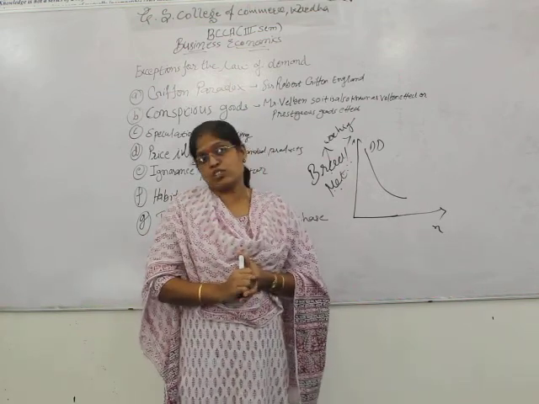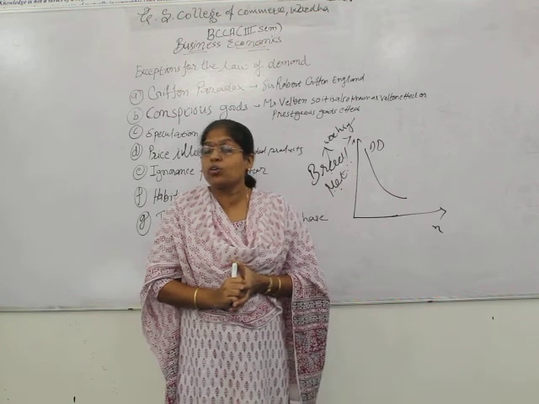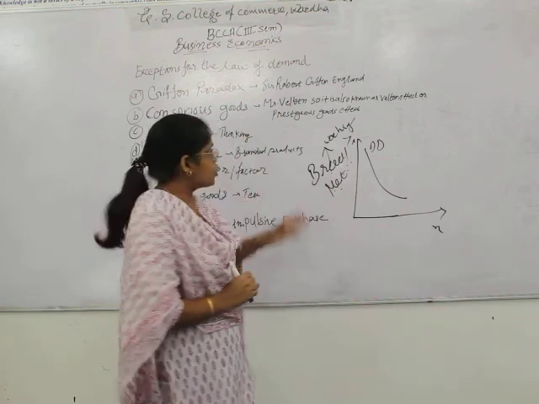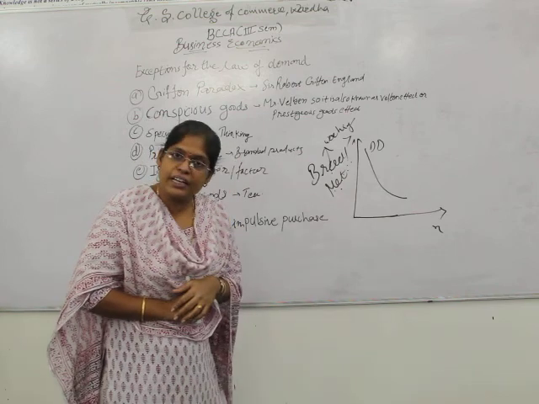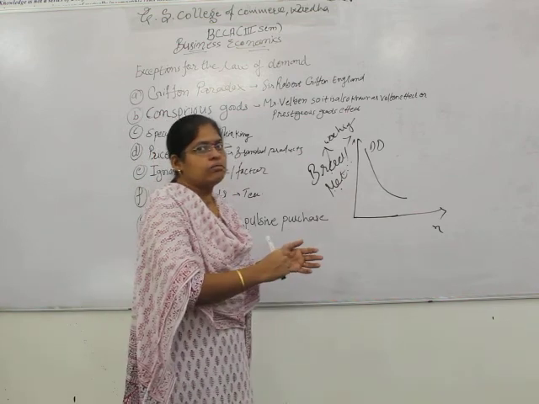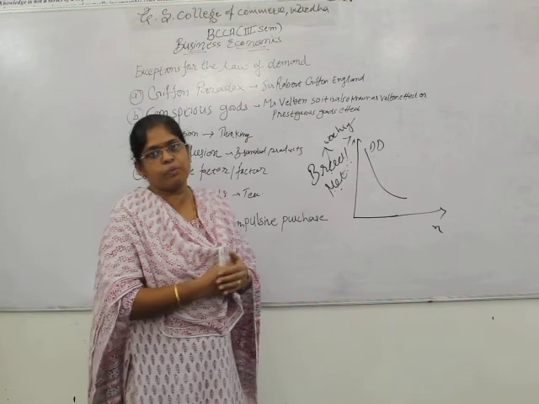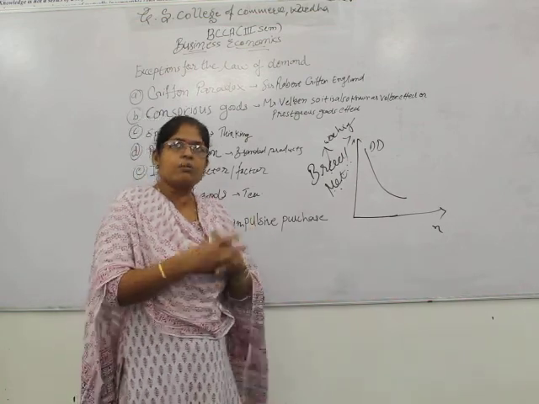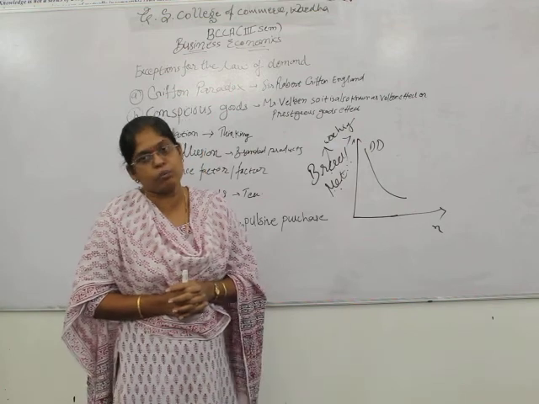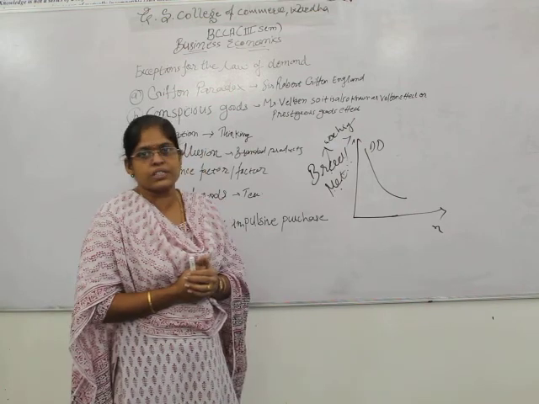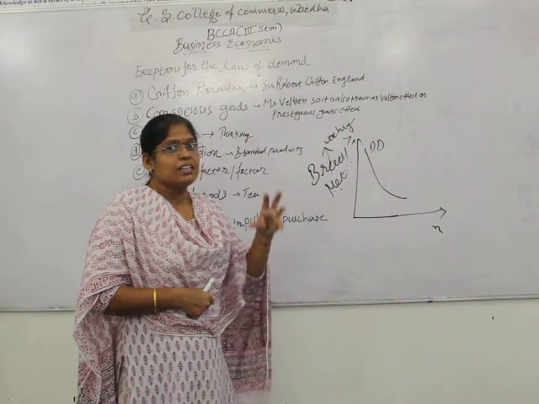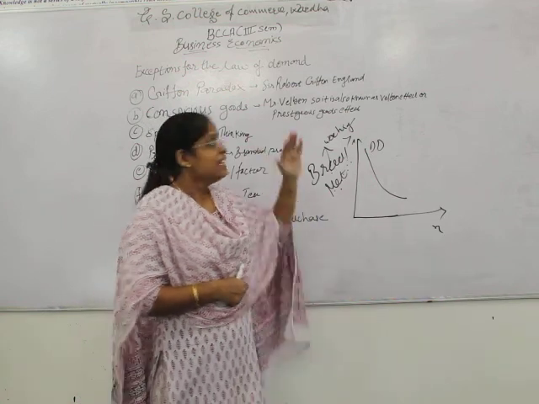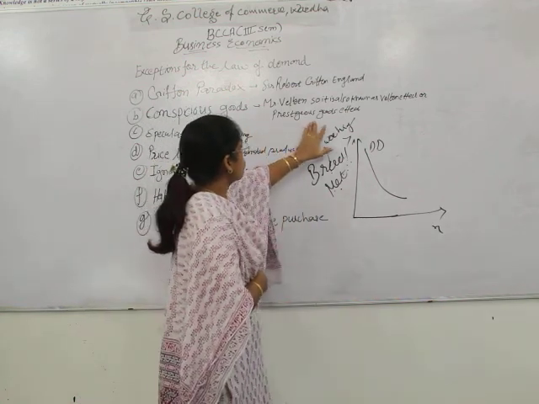Prestigious goods like diamond or gold are purchased by whom? By rich people. The person working daily for his bread and butter will not buy those products, and a common man or middle class man will also not buy prestigious products. Then who will purchase? The rich people, the people of high society.